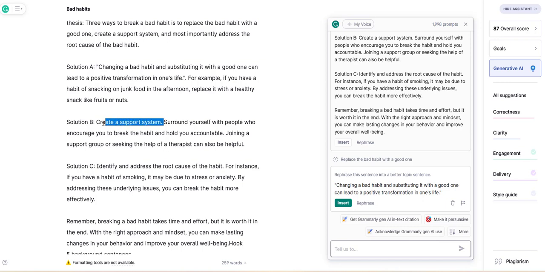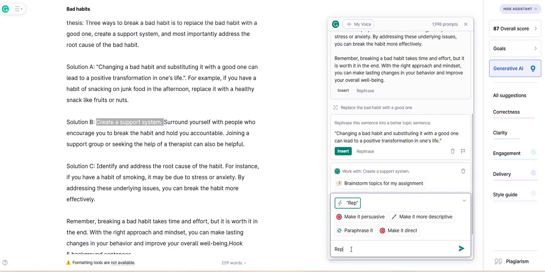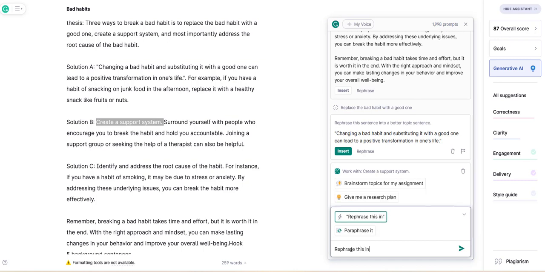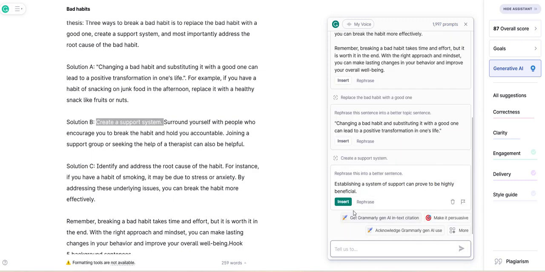So if you're not happy with that, you do this, and look at this. As soon as I select it, it shows up over here. And then you want to write, rephrase this into a better sentence. You can even just do that. Rephrase this into a better sentence. I think that's way too informal, so I press this, and it gives me, establishing a system of support can prove to be highly beneficial.